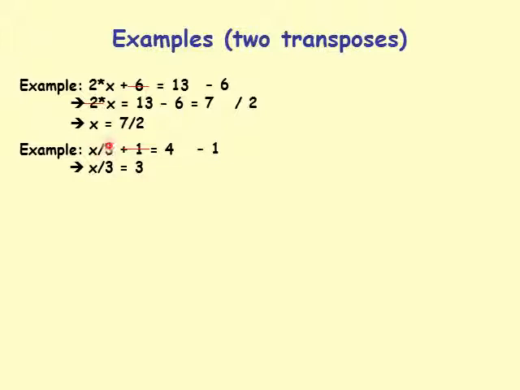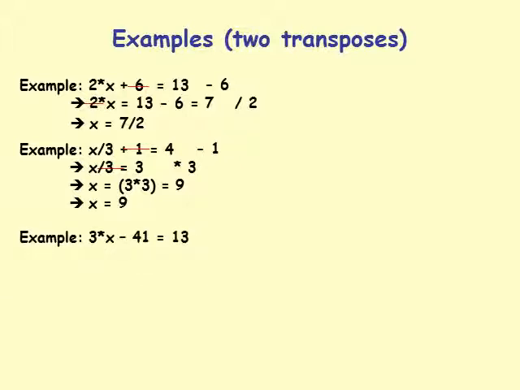Now we have x divided by 3 is equal to 4 minus 1, which is 3. Now divided by 3 gets transposed to multiplied by 3 across the equal sign. So x is equal to 3 times 3, which is 9.